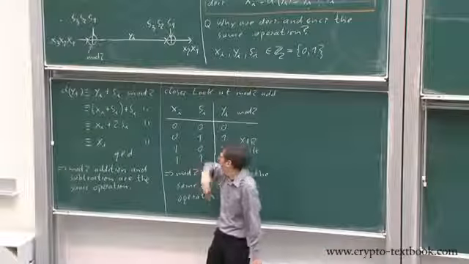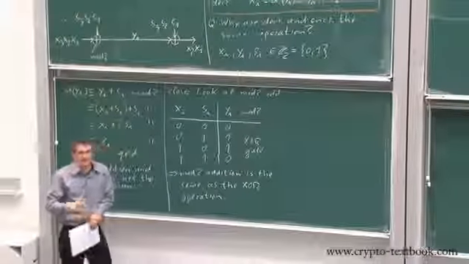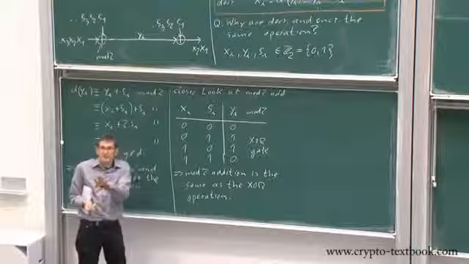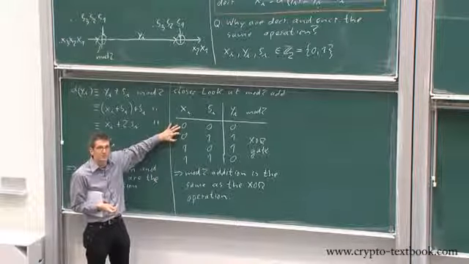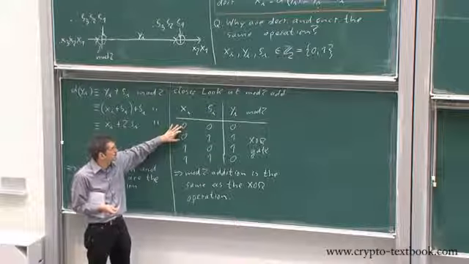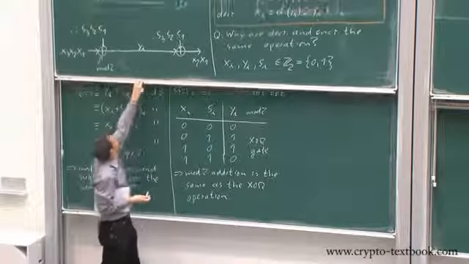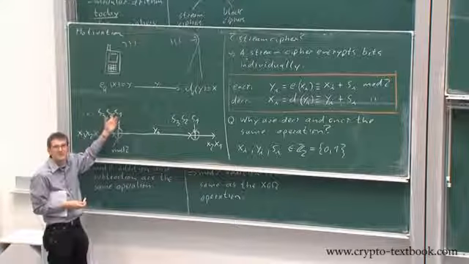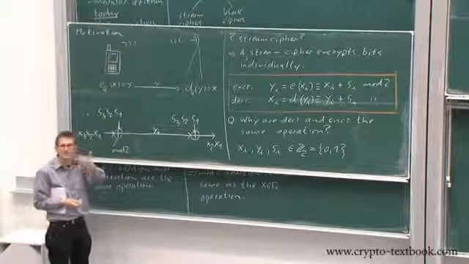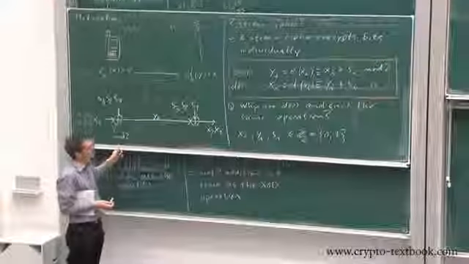So you want to encrypt, and I ask you, please, Mr. Cell Phone or Miss Cell Phone, please encrypt my bit 0. So I give you the bit 0, and now somehow the cell phone has to generate this key bit. That's going to be very important, where this bit is coming from.